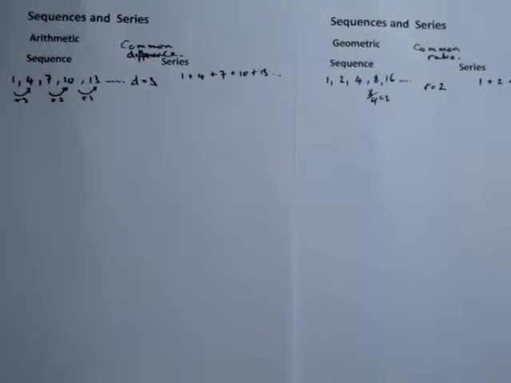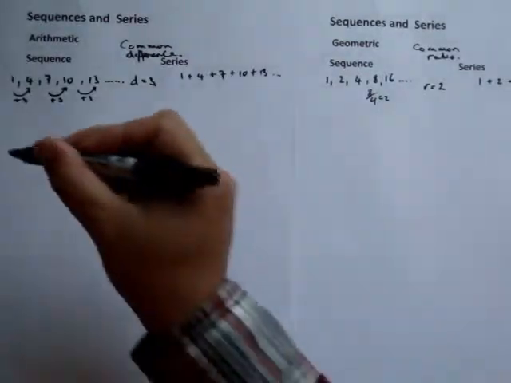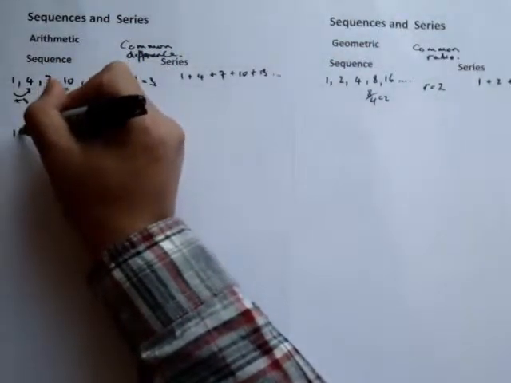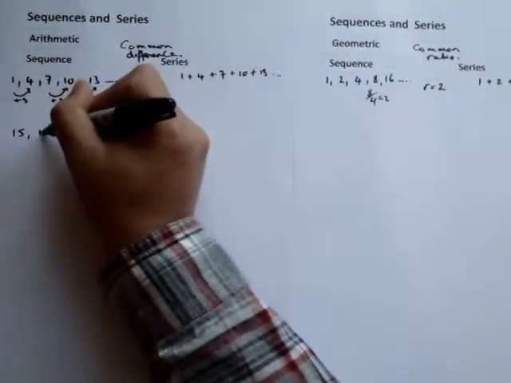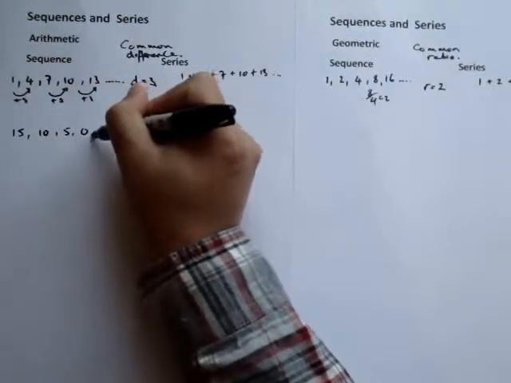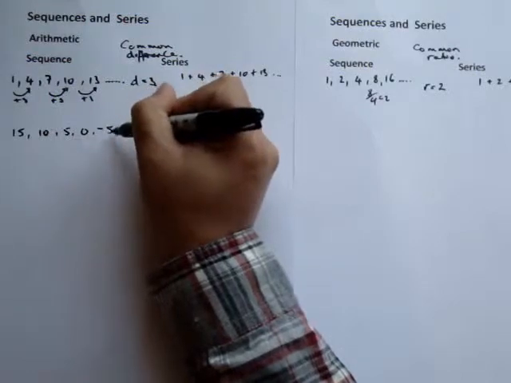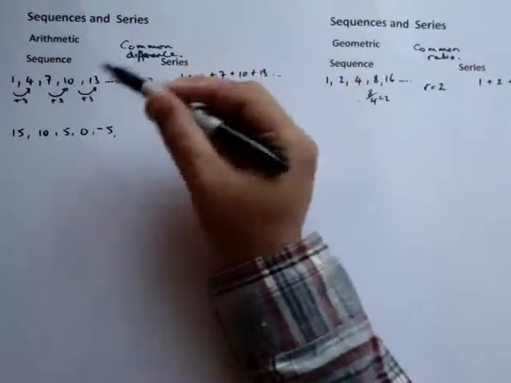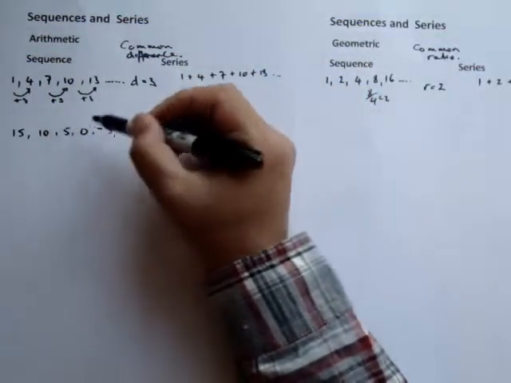Okay, so let's have a look at another arithmetic sequence. So 15, 10, 5, 0, minus 5. If we have a look at this, we're going down in 5s.